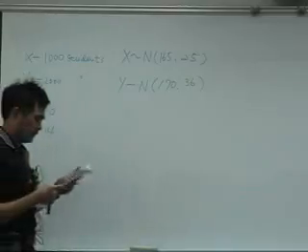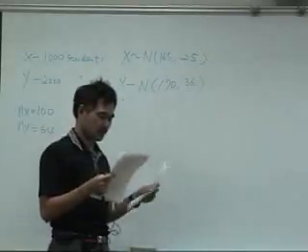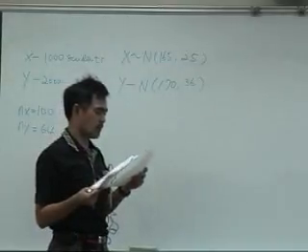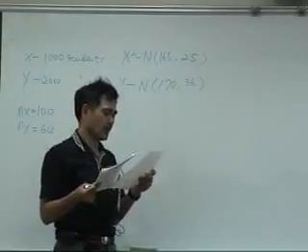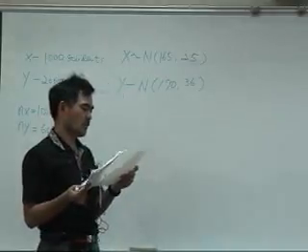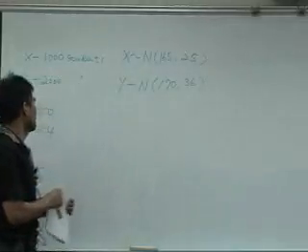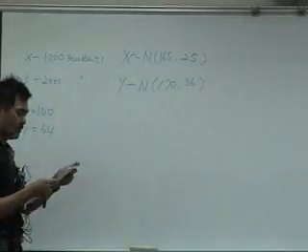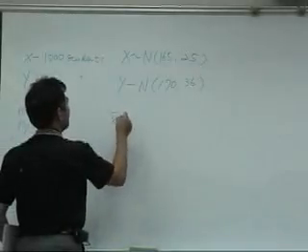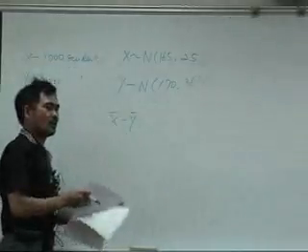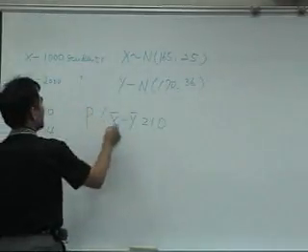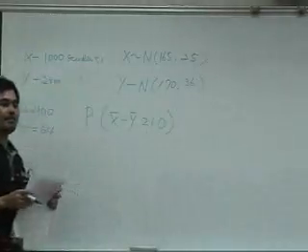Then the question asks: what is the probability that the mean height of the students of X will be 10 centimeters taller than that from Y? We are talking about the mean. So X bar minus Y bar greater than or equal to 10, right? We are talking about this probability.